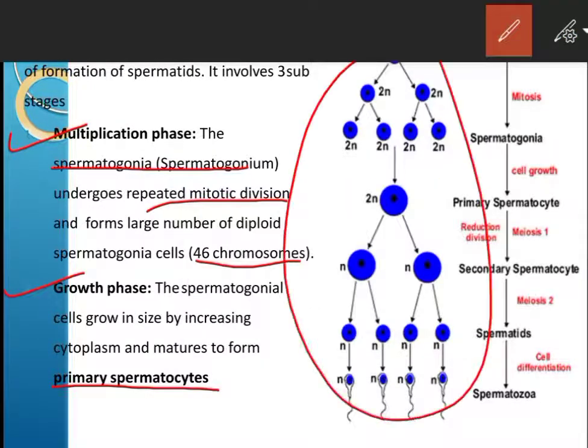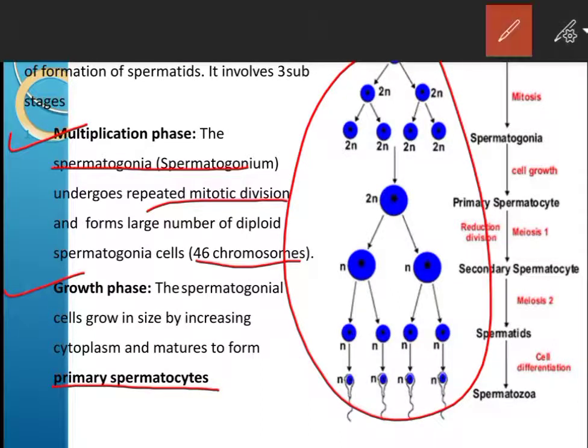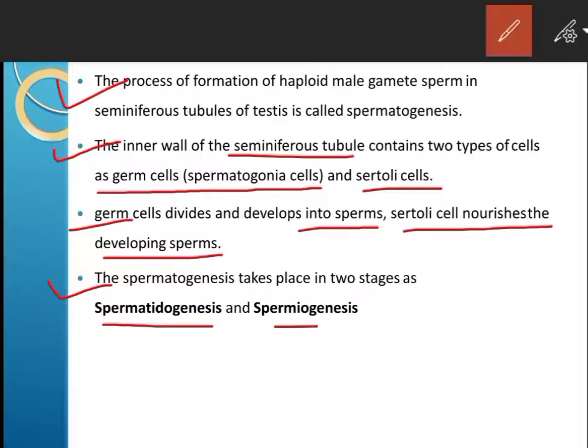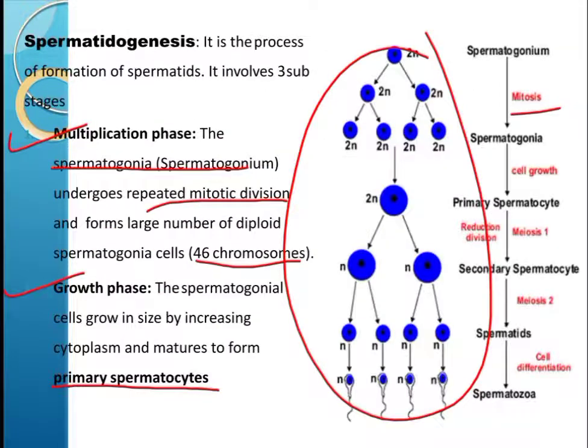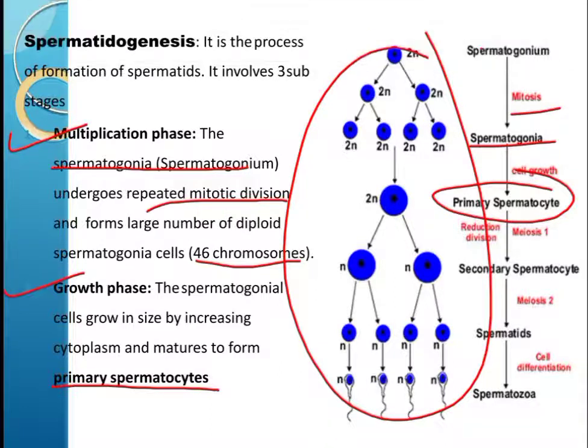In this diagram you can see, what happens is spermatogonia undergo mitosis, produce many spermatogonia, the number increases, then the cell growth takes place, which results in formation of the primary spermatocytes.